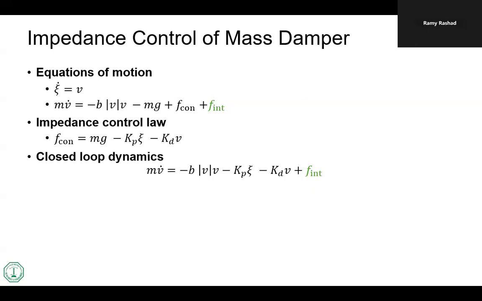Now, very quickly, what does an impedance controller look like for the mass damper system? These were the original equations of motion. And then we have the impedance control law that simply would cancel the gravity, add the stiffness force, and add the damping.